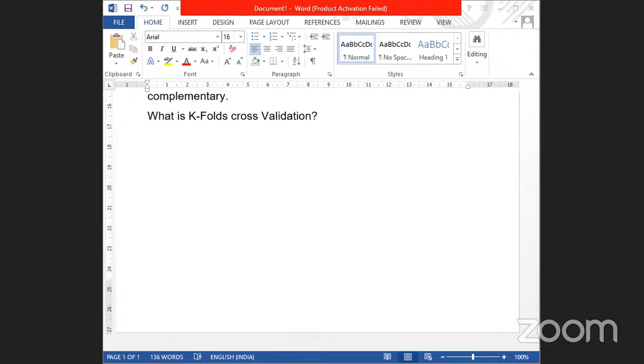And the third is to repeat this process until every k fold serves as a test set, and then take the average of your recorded scores, and that will be the performance metric for the model. Let me write the answer for you.